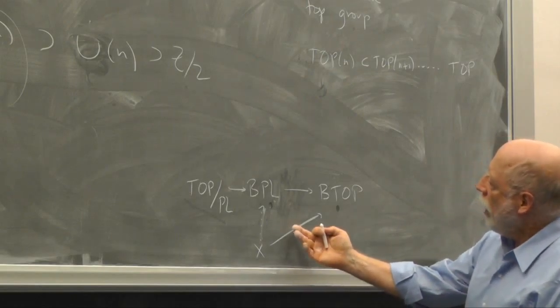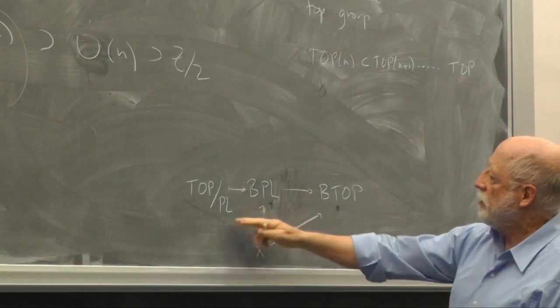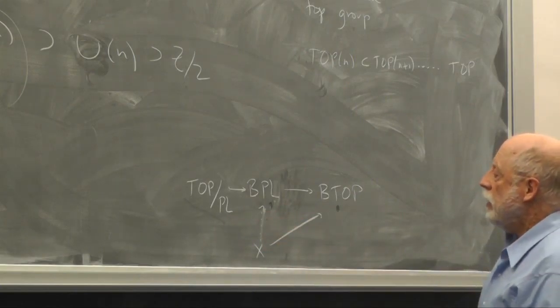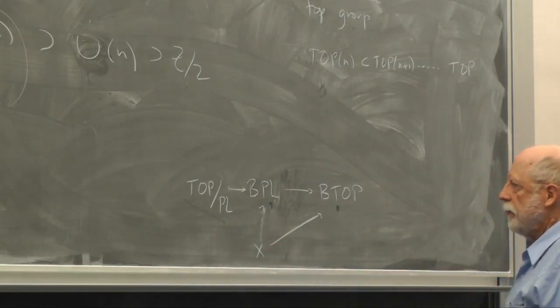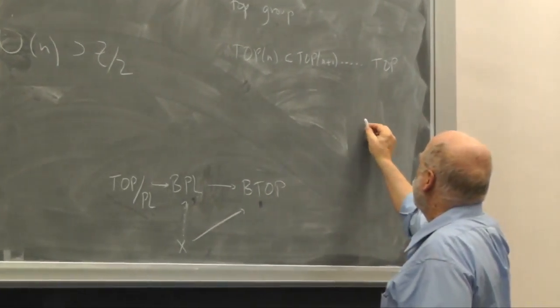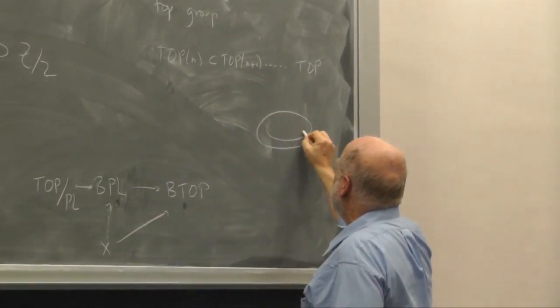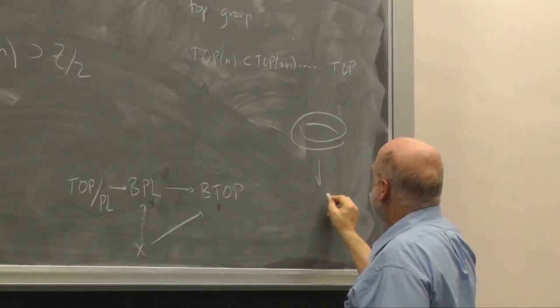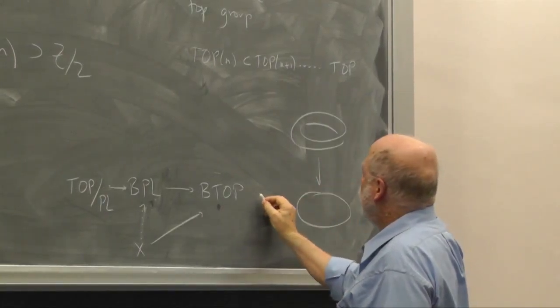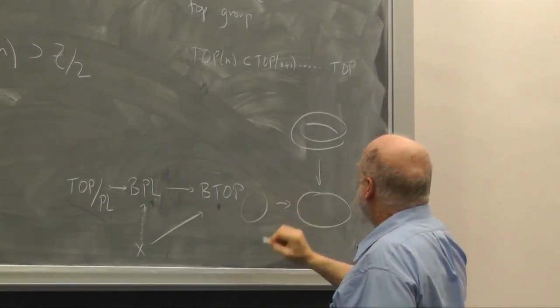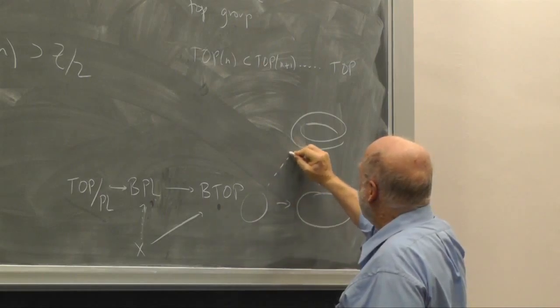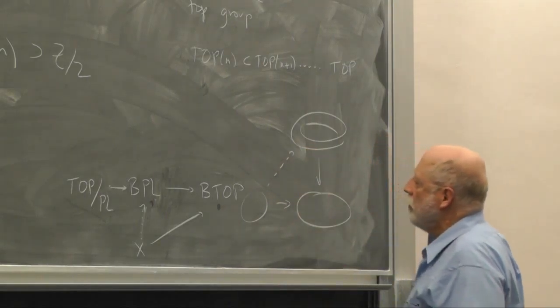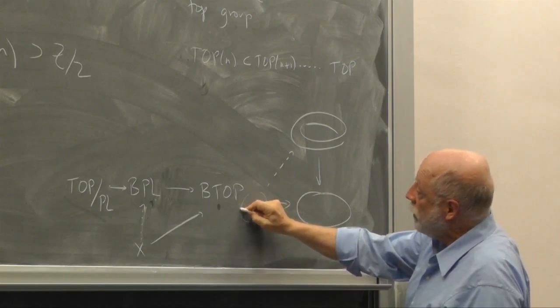So how do you understand this lift? Well, here's a very simple picture just to give you an idea. There's a Mobius strip mapping to the circle. And if I have a circle and a map in here and I want to lift, well, what could go wrong? Well, I lift it on a point.